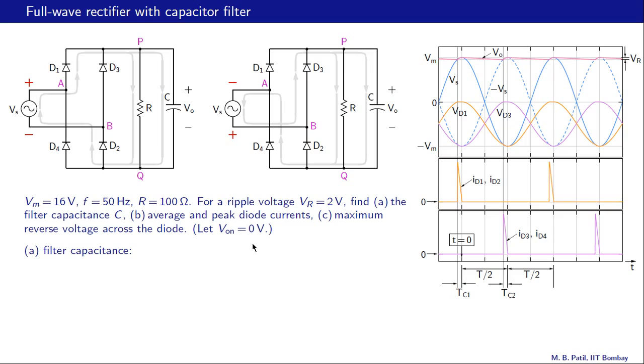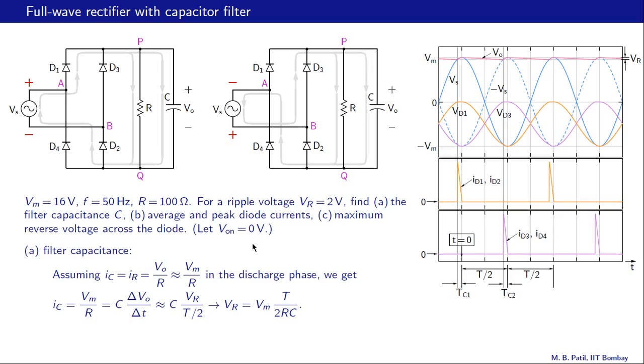Let's look at the filter capacitance first. When the diodes are not conducting, we have R and C, the capacitor discharging through the load resistor, and we are talking about this interval or this interval.